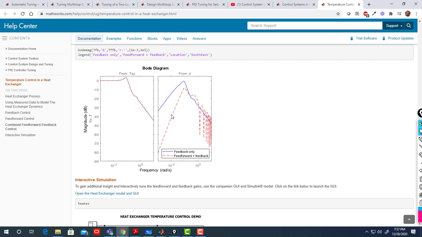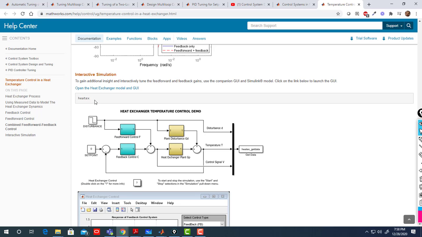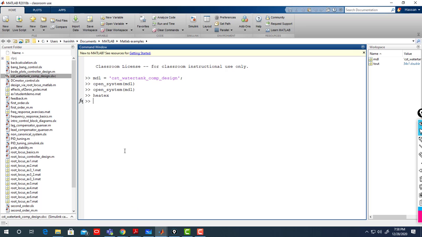You see how the disturbance, which is low frequency, for example, has better rejection. Okay, so better rejection of disturbance. But for the set point it is the same. Good. You can interactively play with it here in MATLAB if you wish.